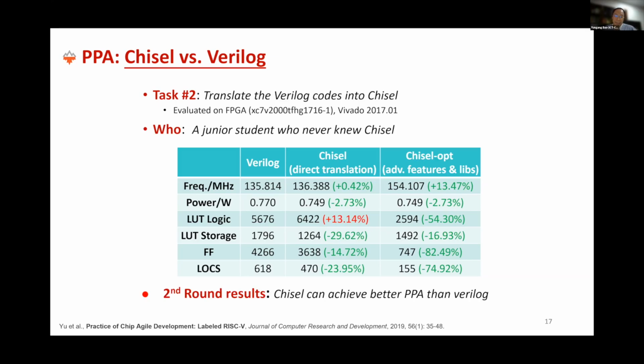So from this experiment, we conclude that Chisel can actually achieve better PPA than Verilog if we know Chisel well. That gives us a lot of confidence that Chisel is quite competitive with traditional hardware languages.